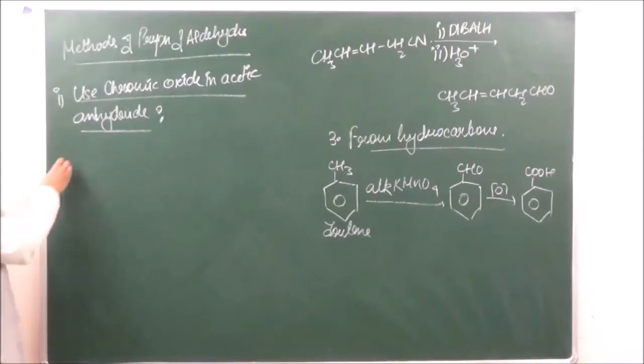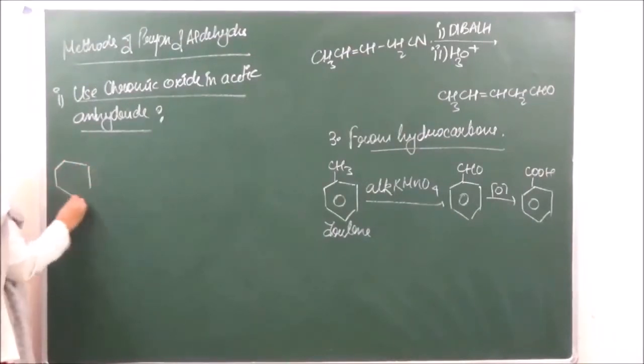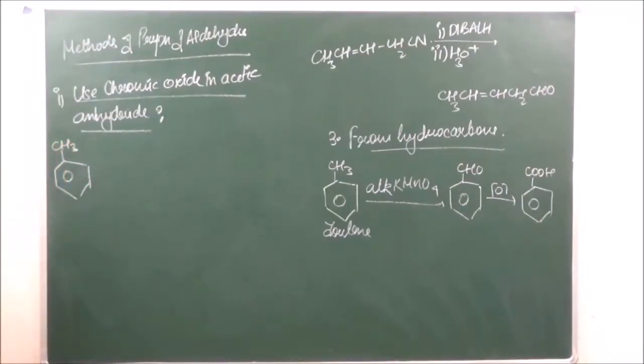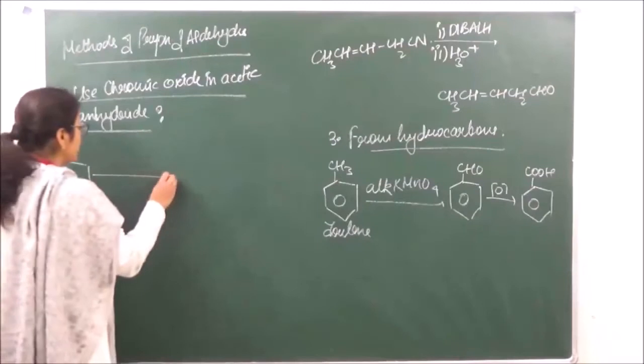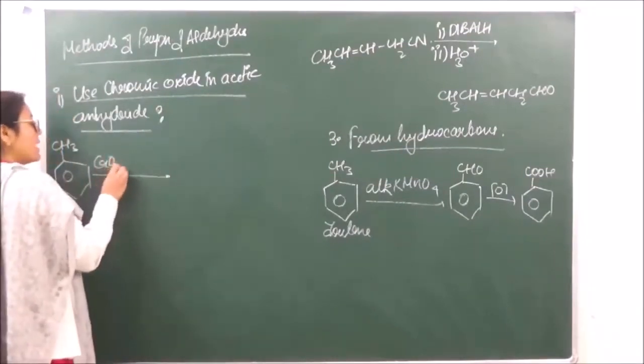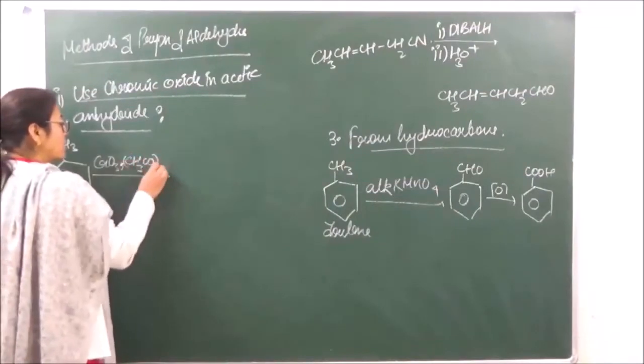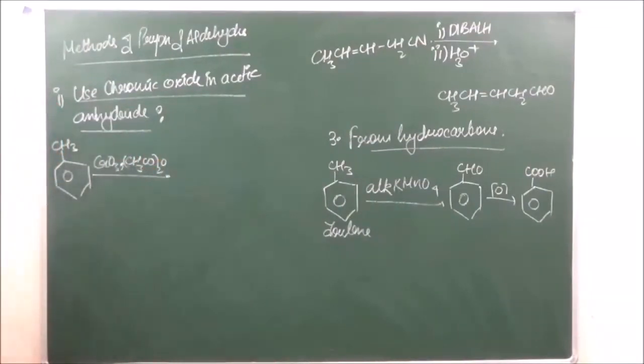So when we are using this reagent, let's see what happens. We are again taking toluene and reacting it with chromium trioxide in the presence of acetic anhydride.